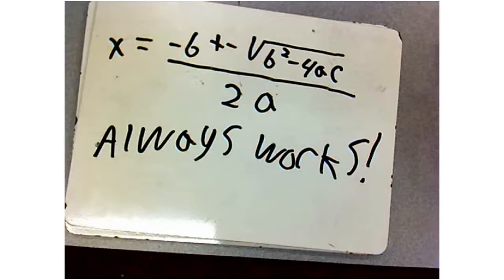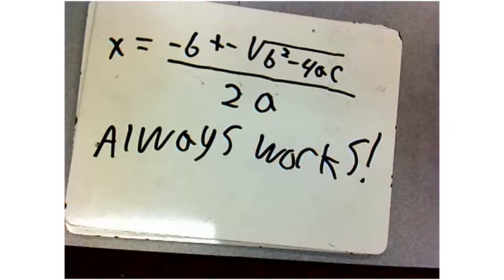They start out with this general form, ax squared plus bx plus c equals 0. They divide out a, just like we did with completing the square. We get rid of it. So the next line is x squared plus b over a x plus c over a equals 0, because 0 divided by a is still 0.